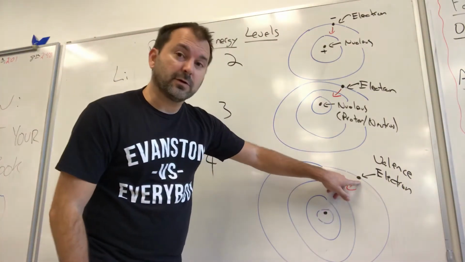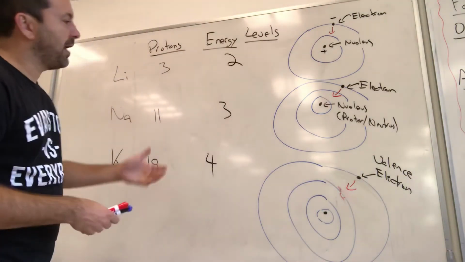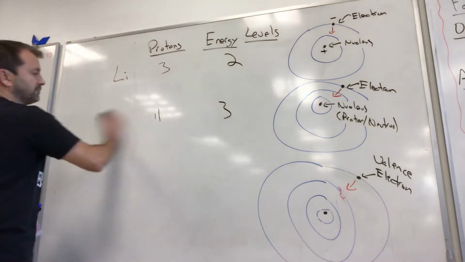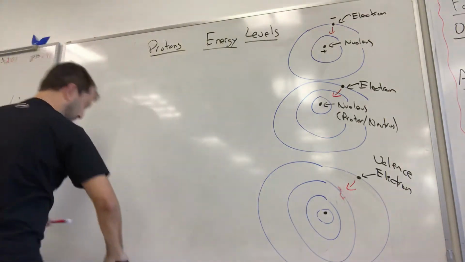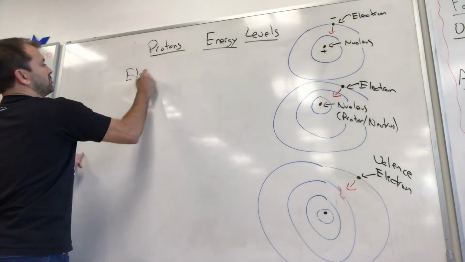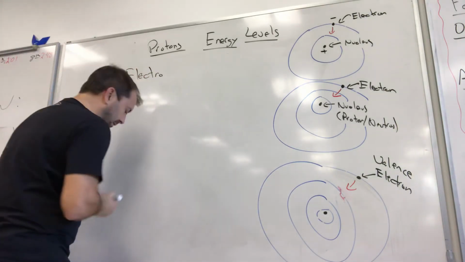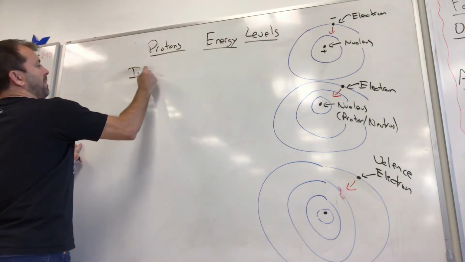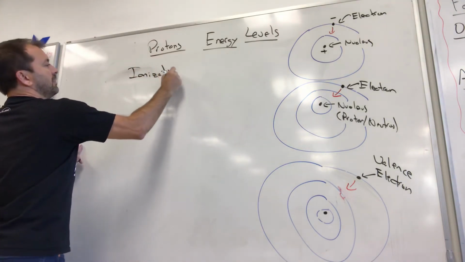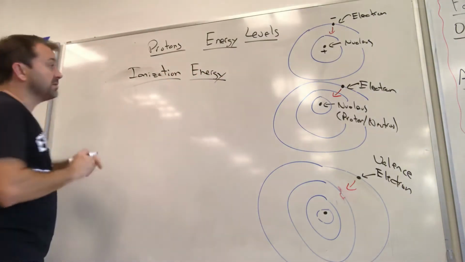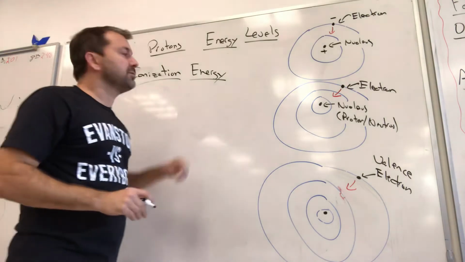Hopefully you said this one, right? And so that idea of how easy it is to take an electron is what is known as an atom's ionization energy. The easier it is, the lower this energy would be.